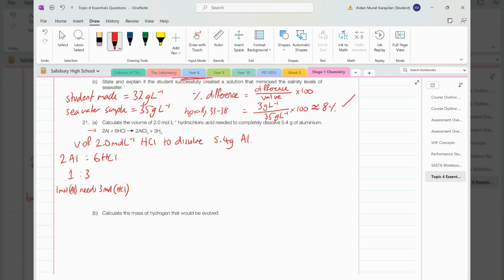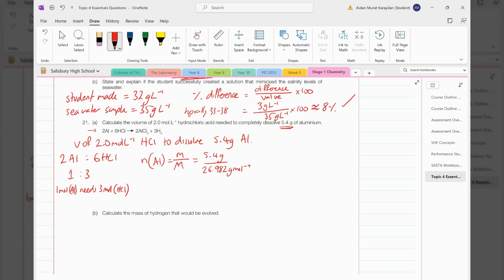Now, if we want to work out how much HCl, we need to work out first how many moles of aluminium. We cannot compare grams, so we can't just use this number here, grams. We have to convert it into number of moles first before we can do anything. So the number of moles of aluminium is the mass of aluminium divided by the molar mass of aluminium, in this case 5.4 grams, divided by the molar mass of aluminium, which is, looking at the periodic table, 26.982 grams per mole.